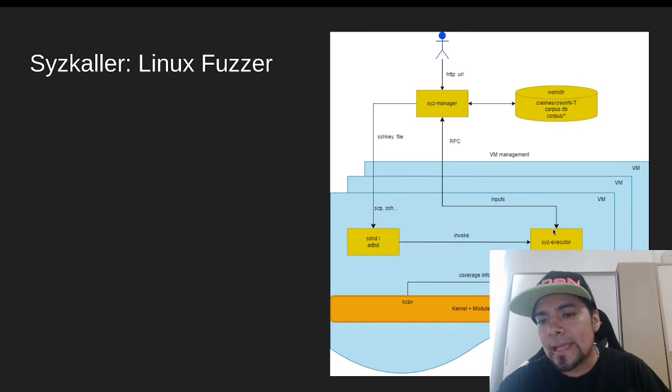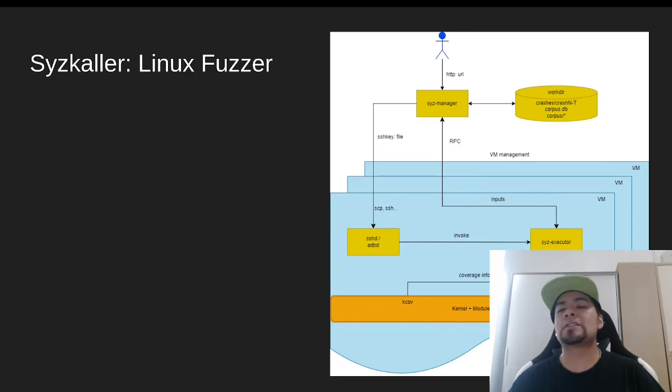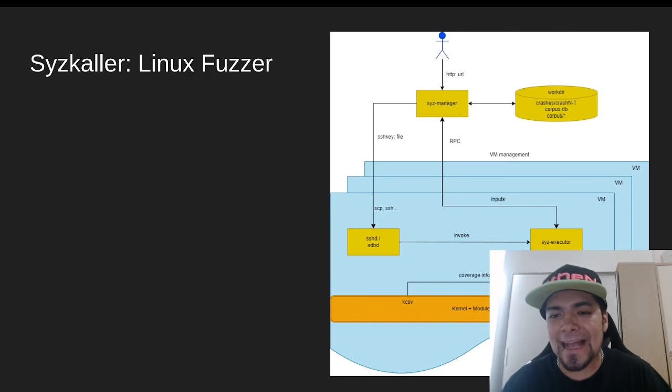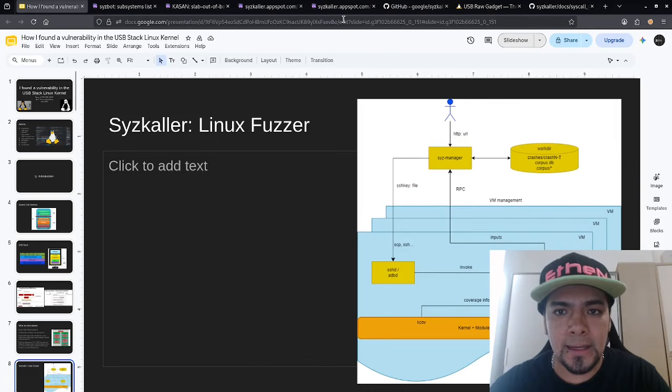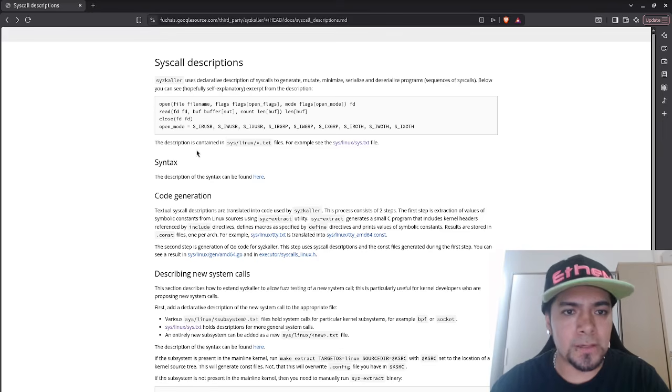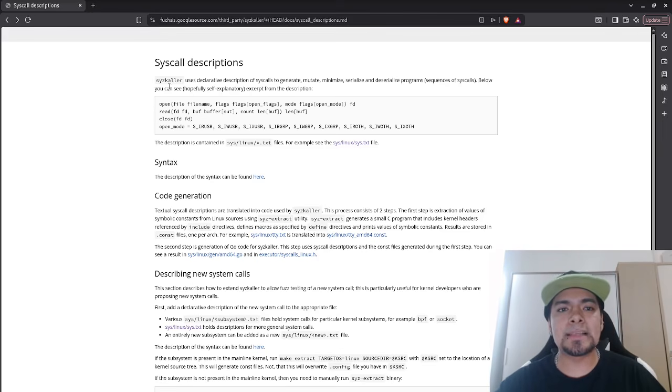And the way to communicate with the syscalls is using something called syscall descriptions. This is a language. It's not a programming language. It's just a way to describe syscalls. Let me explain here very fast. This is syscall descriptions. Basically, for example, the syscall open.